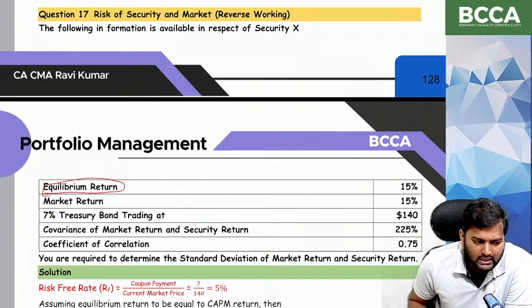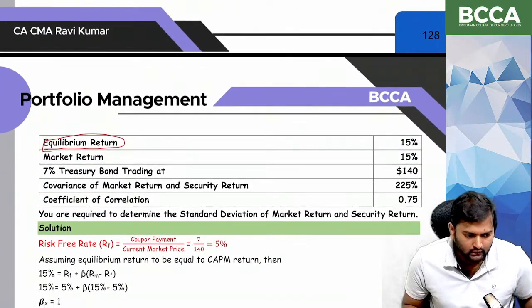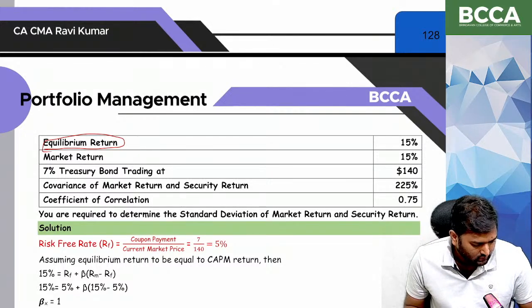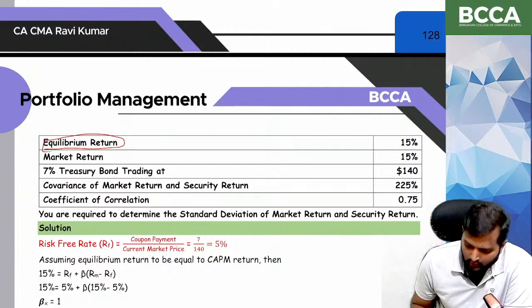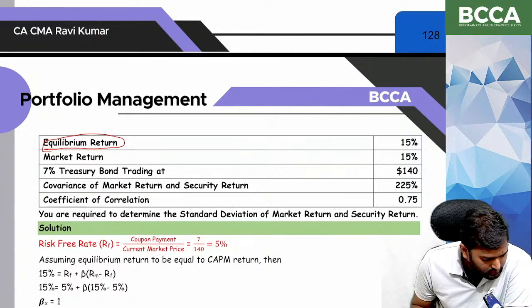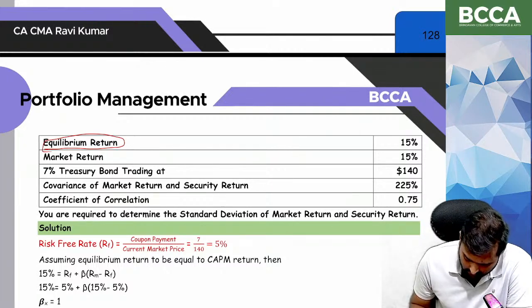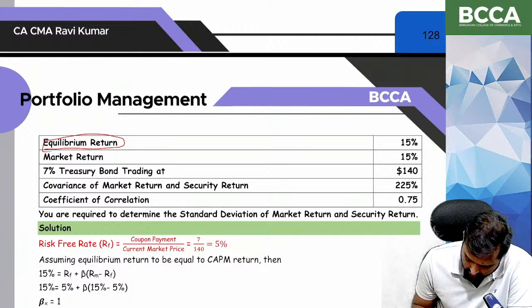Market return 15%. 7% treasury bond trading at $140. Covariance of market return and security return 225%. Coefficient of correlation 0.75.